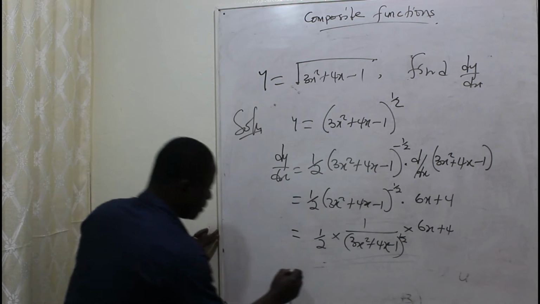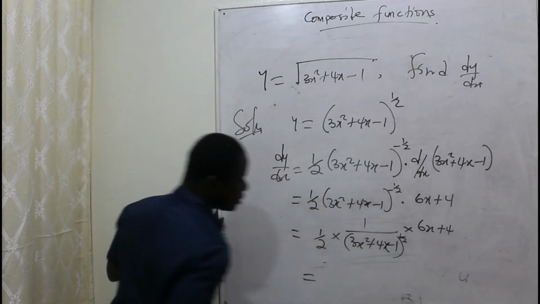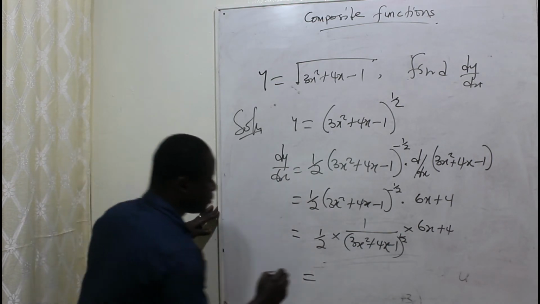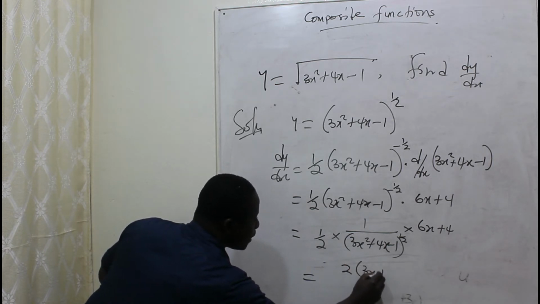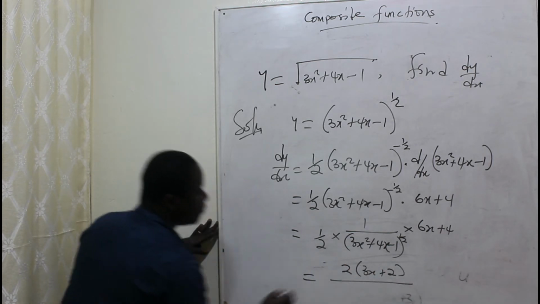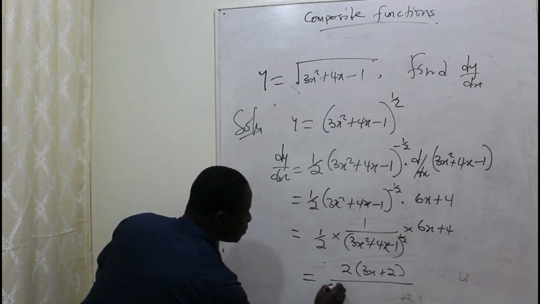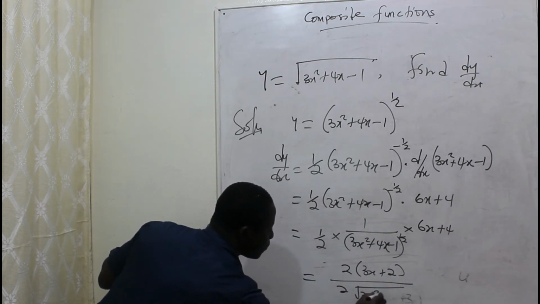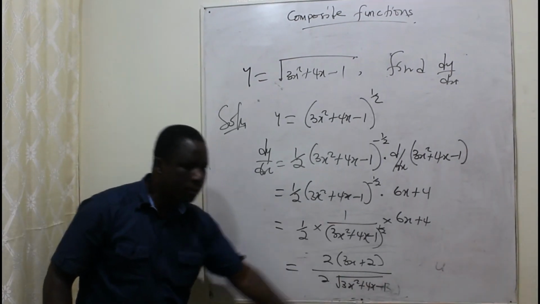There is a common factor here, which is 2, because there is half sitting here. So let's factorize and see the result. We will have 2 out, (3x + 2), all over the 2 here, root of 3x squared + 4x - 1.